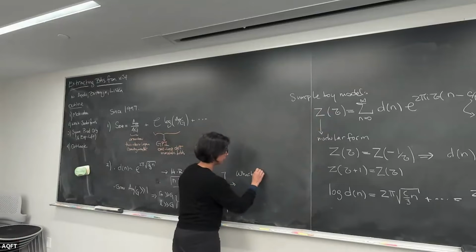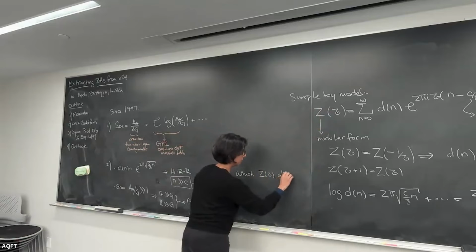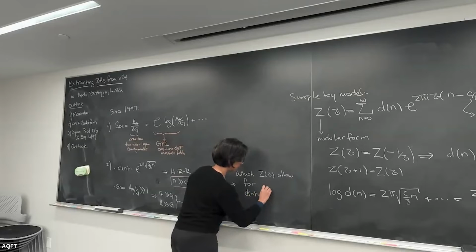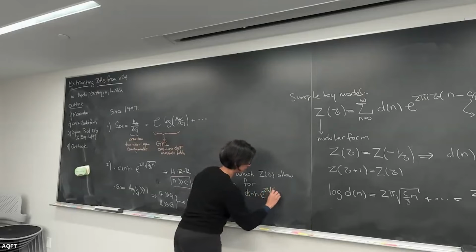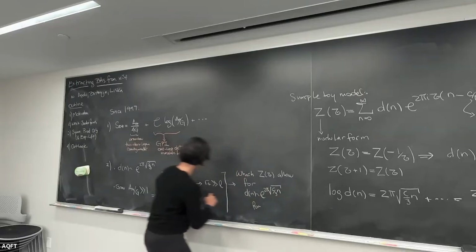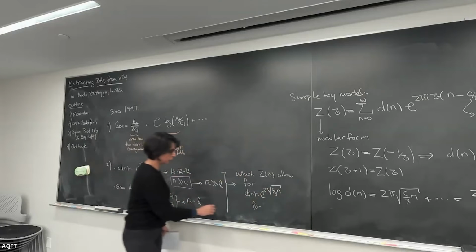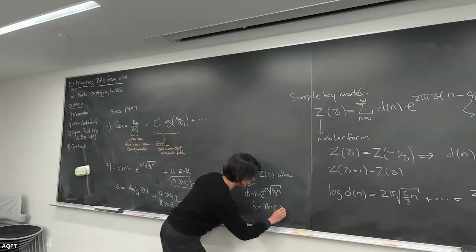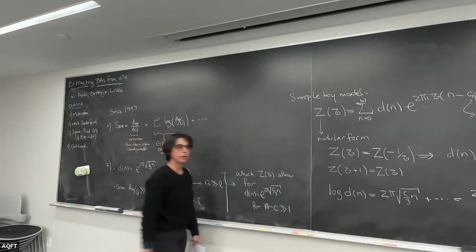Basically, which set of tau allows this d_n of n to grow exponentially? In the translation I'm doing here, I want n to be comparable to c, but with these two parameters being big.